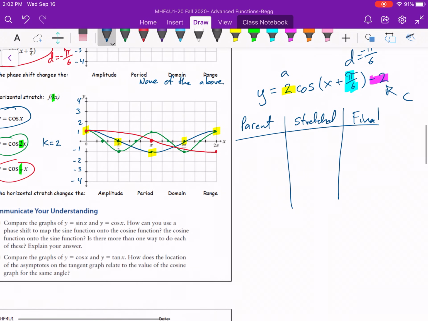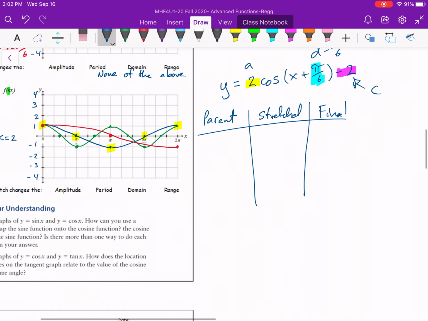Okay, what are my parent points? Well, those are those points that I highlighted in yellow that I started with. So 0, 1 in this case for cosine. Pi over 2, 0. Pi, negative 1. 3 pi over 2, 0.